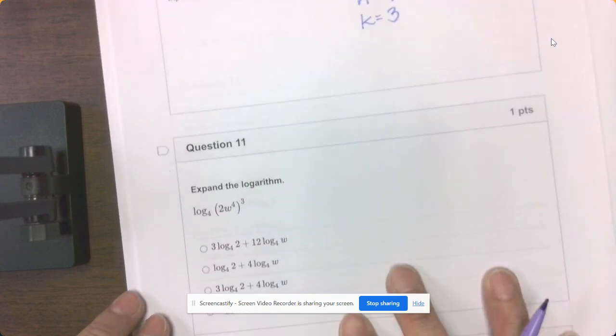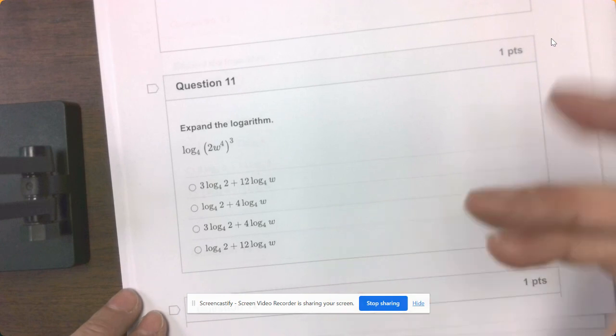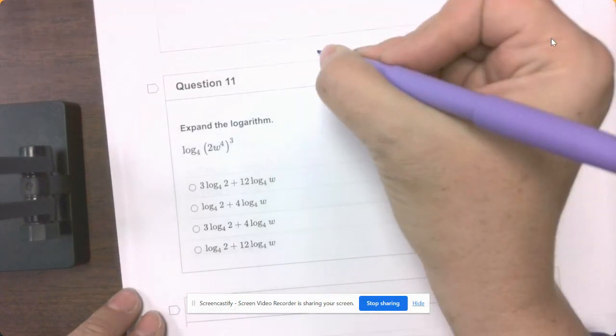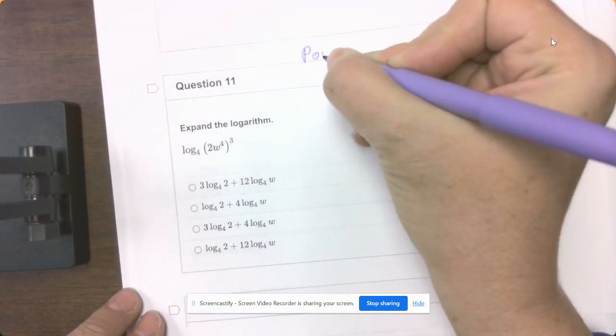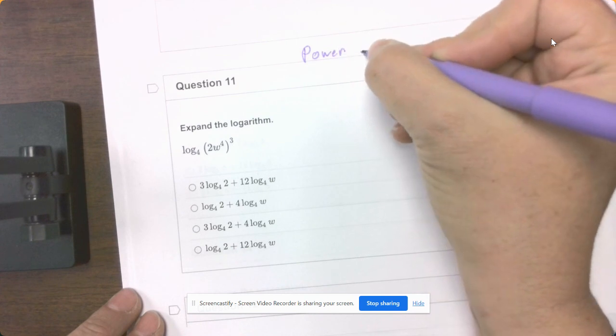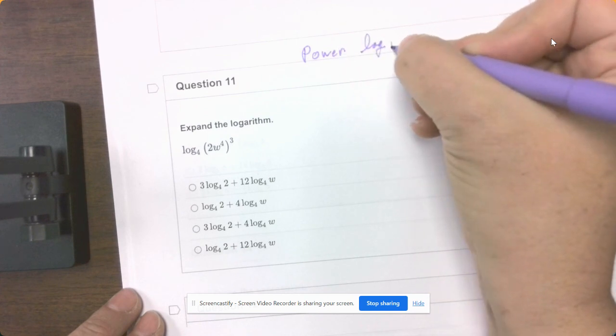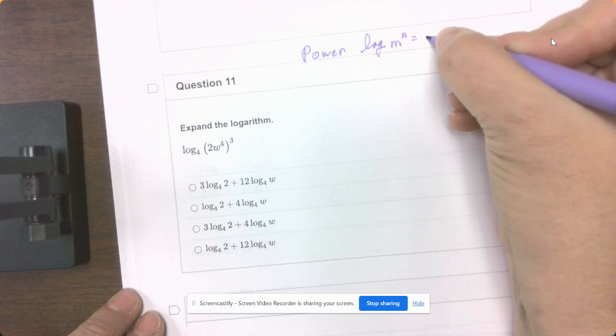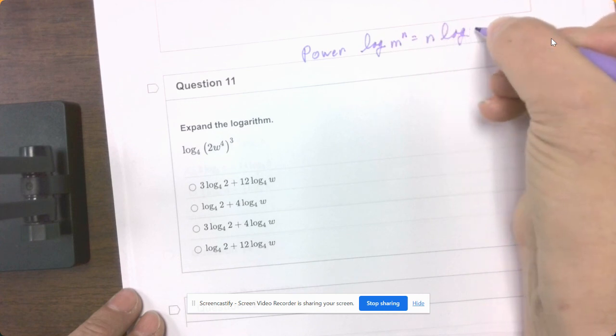Okay, expand the log, everybody. So we're going to use our properties for these. So remember our power property: log base m of n to the power is going to be equal to the exponent times log base m of n.